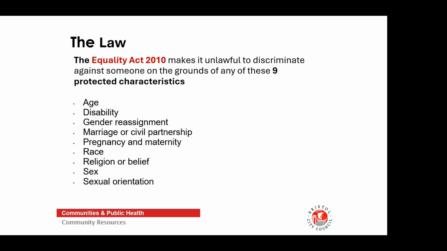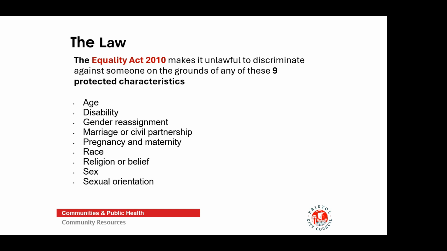So thinking about and understanding the impact or likely impact of a project on different people because of their characteristics and circumstances, we talk about characteristics. The Equalities Act 2010 makes it unlawful to discriminate against someone on the grounds of these 9 protected characteristics.